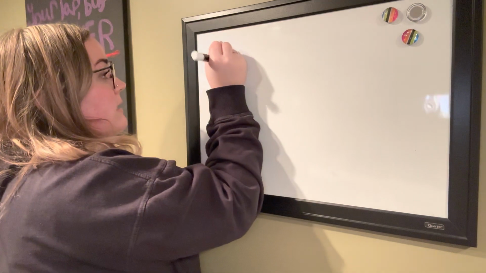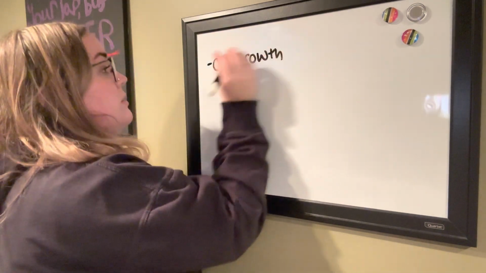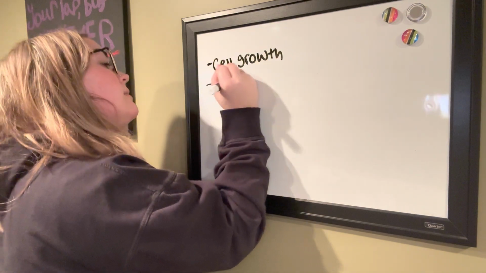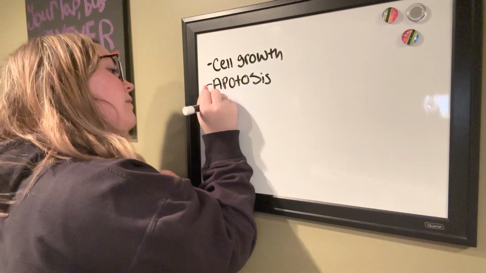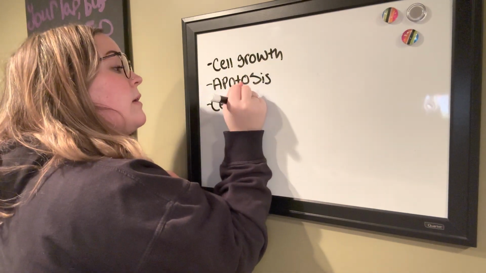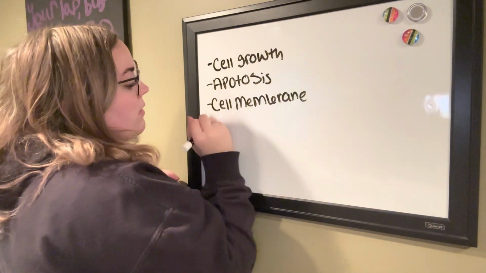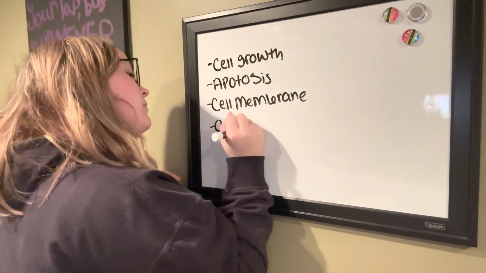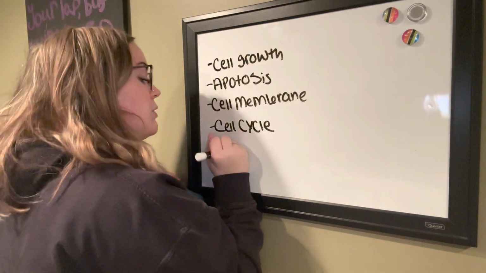It's going to affect cell growth. It's going to affect apoptosis. It's going to affect the cellular membrane. It's going to affect the cell cycle. It's going to affect transcription.